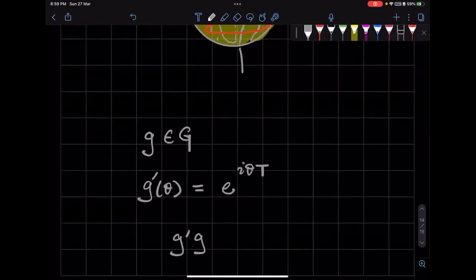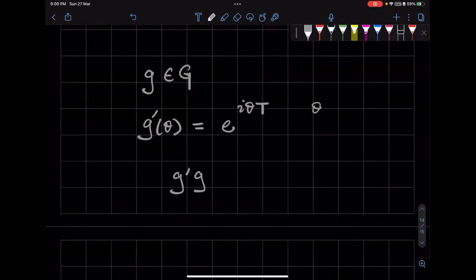Now, if I apply G prime on G, then basically, as I change theta, what I do is that I move around the manifold, right? The group manifold. So if this was G, as I apply G theta, I move around the group manifold, and this curve is an orbit of that subgroup, right?